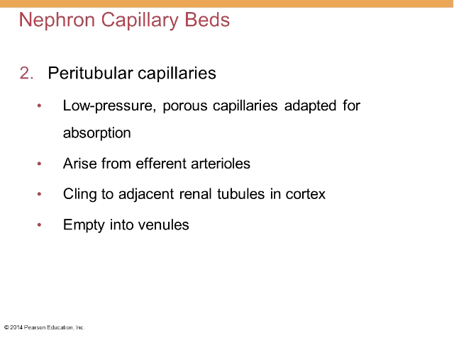Now, as the efferent arteriole leaves, it becomes these peritubular capillaries, or the vasa recta we talked about before. They do a lot of the same things. These are low pressure, porous capillaries, and they are filled with blood that's very concentrated because we filtered all the fluid out. They cling to the renal tubules in the cortex, as well as the vasa recta in the juxtaglomerular units, and they empty back into the venules.